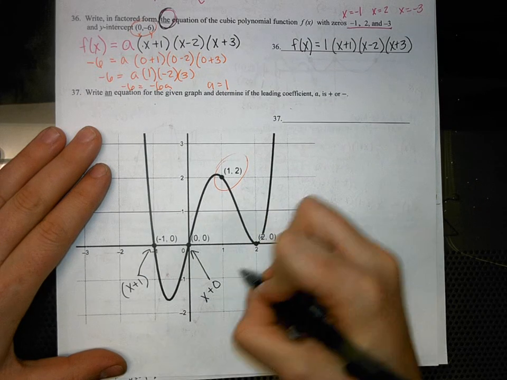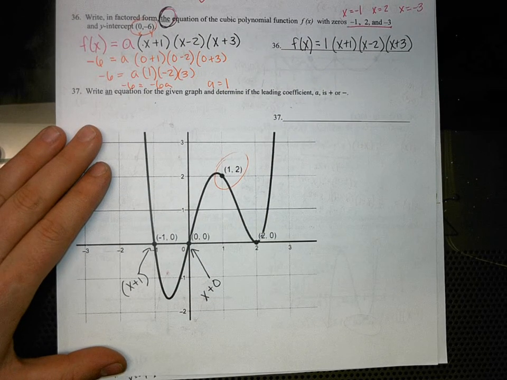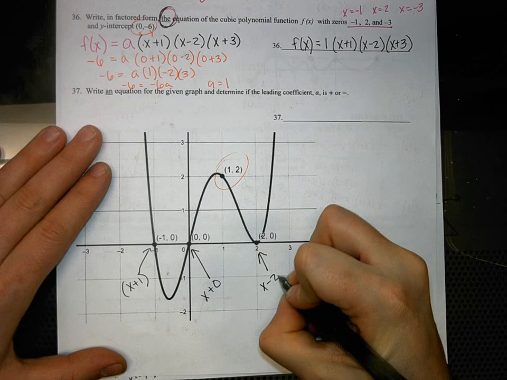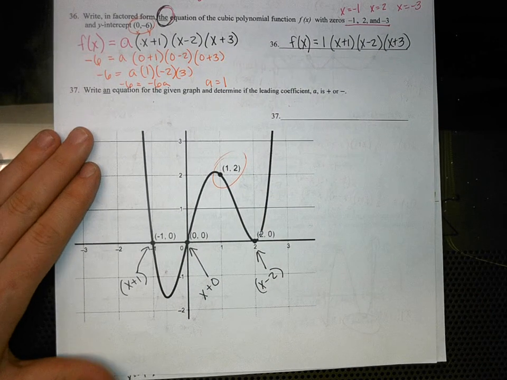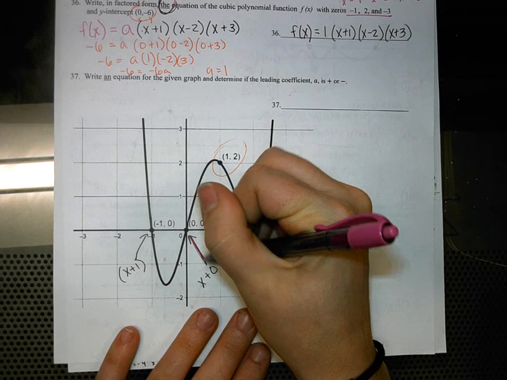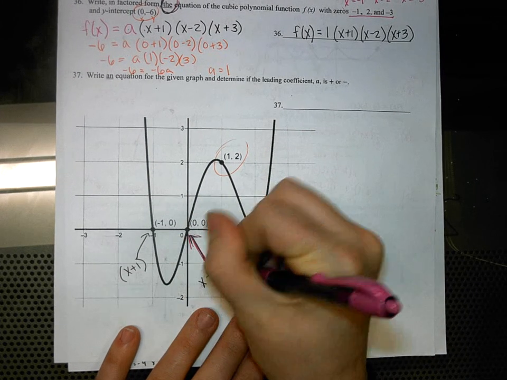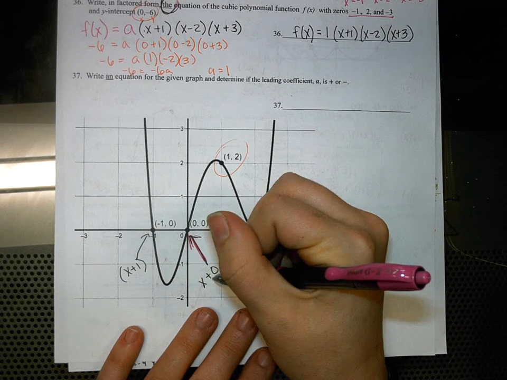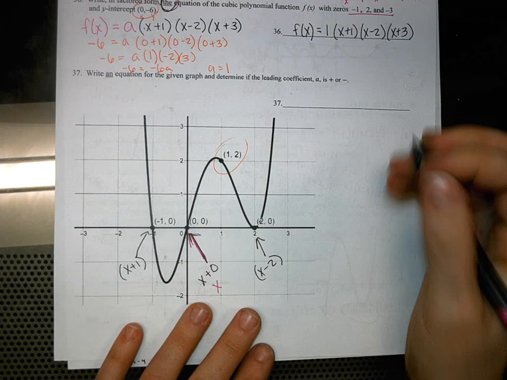And if this zero is at 2, I know x minus 2 is my factor. Whenever you get x plus 0, that's just x. So that's a monomial. We always write that one out in front.